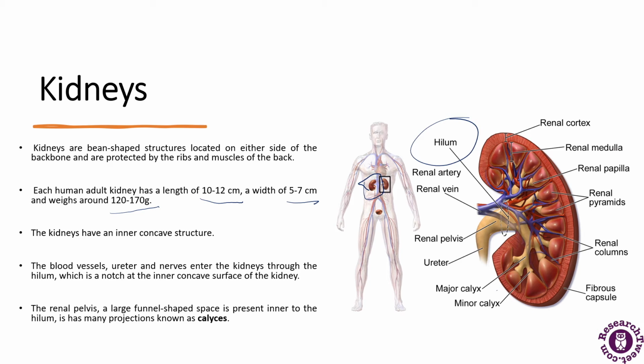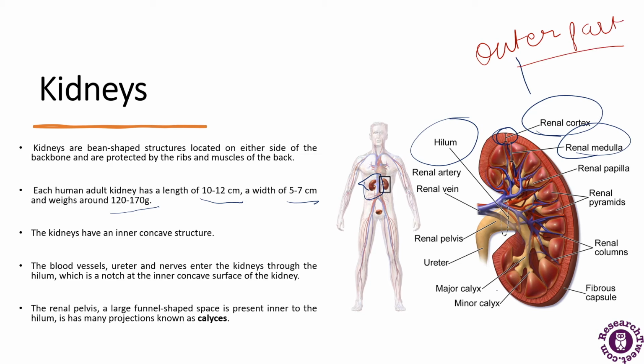Now the kidney is made up of a number of subunits called nephrons. The kidney is divided into several parts: the outer renal cortex and the inner renal medulla. If I talk about the renal cortex first, it is the outer part of the kidney, which consists of glomeruli and tubules.